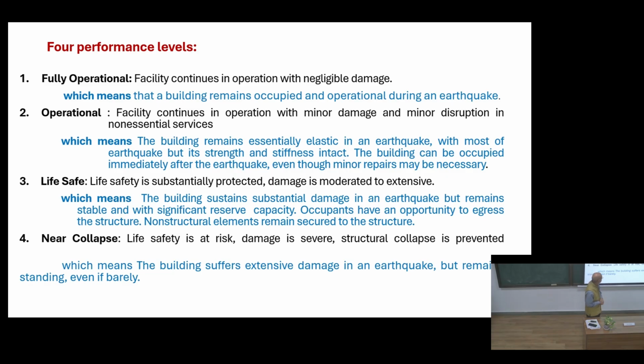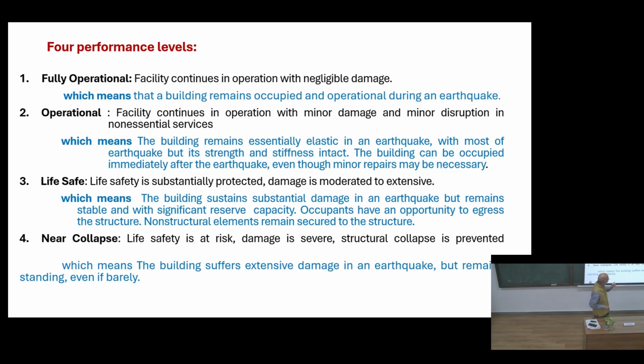So, damage is moderate to excessive. That is how we define it. What it means is the building sustains substantial damage in the earthquake but remains stable, with significant reserve capacity. The structure is able to sustain it. It is not going to fall.